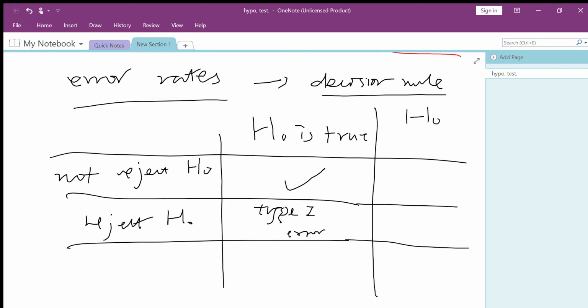For the case of H0 not being true, not rejecting H0 is a correct decision? No: if H0 is not true but we do not reject H0, then it is also an error, and we call this type 2 error. We denote type 1 error as alpha, and we denote type 2 error as beta.